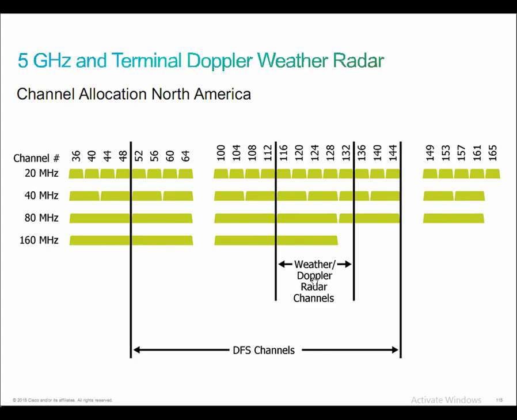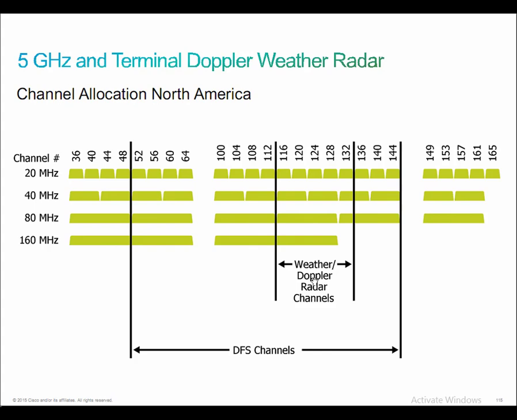DFS dynamically instructs an access point to switch to another channel if a particular set of conditions occur, like the presence of radar signals being received or sent. Before transmitting, the DFS mechanism of the access point actually monitors the available spectrum and listens for radar signals.